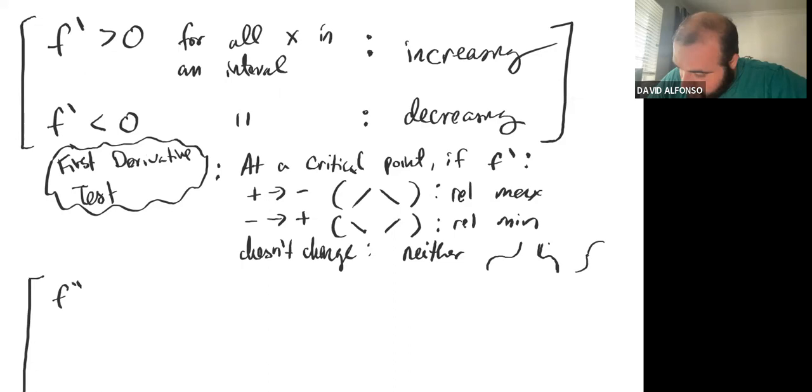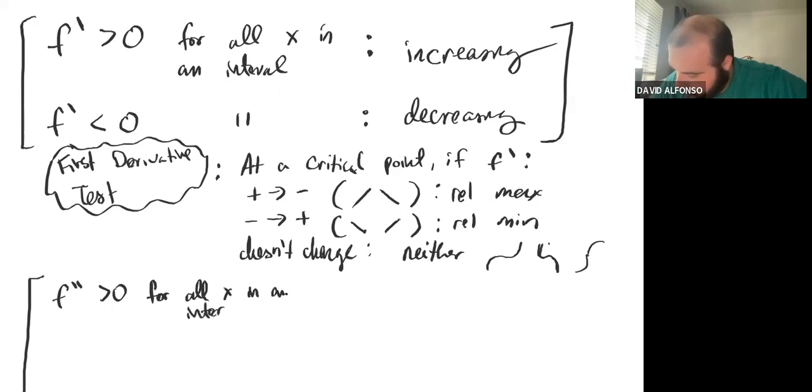If the second derivative is positive for all x in an interval, what does that mean? Perfect, right? That means it is concave up.